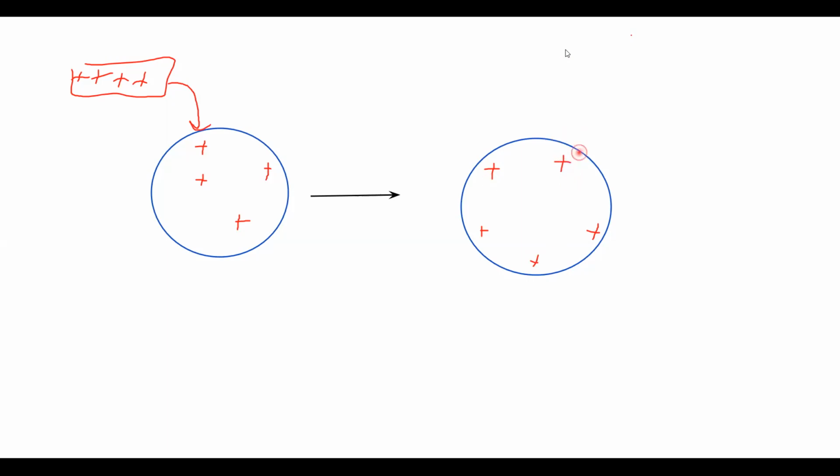On the other side of the sphere, behind it, is another positive charge pushing away from it. So you have all these forces pushing in all directions, and your net force is going to be 0. This is called electrostatic equilibrium.